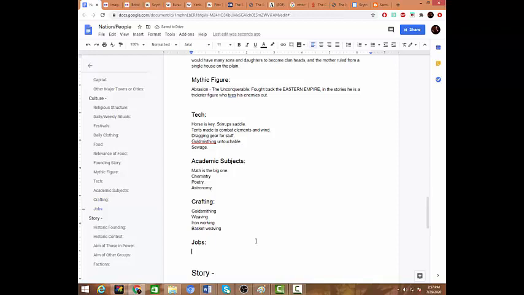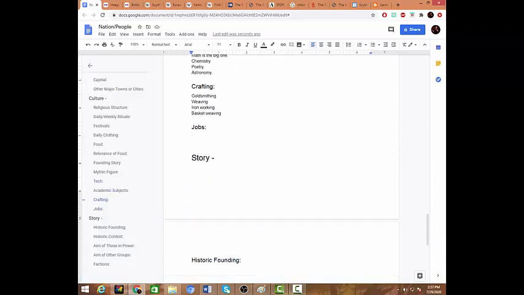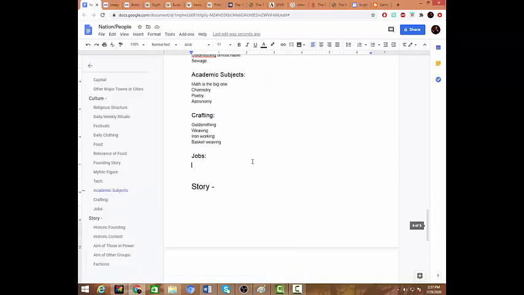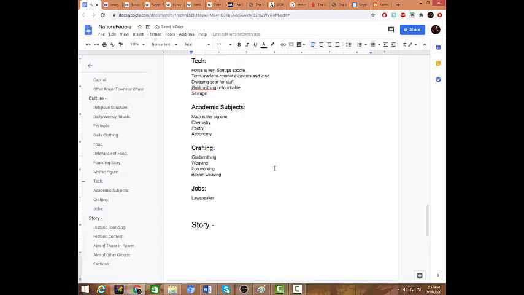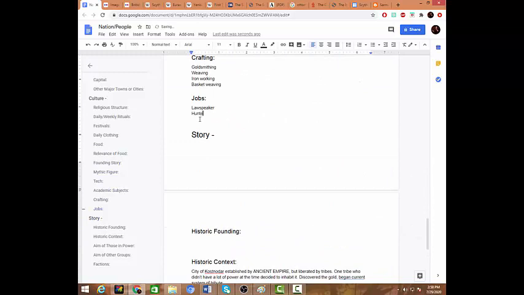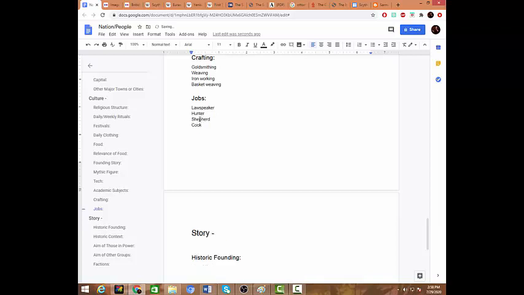Jobs. The idea is that there are things a society allows its people to do and have a position of authority. So let's say the law speaker. I always include law speaker. That's a lawyer, you know. If tribal disputes happen in front of the queen, who's going to do the talking? That's one position. Hunter, shepherd, cook. I think that they probably have large communal meals for the tribes.